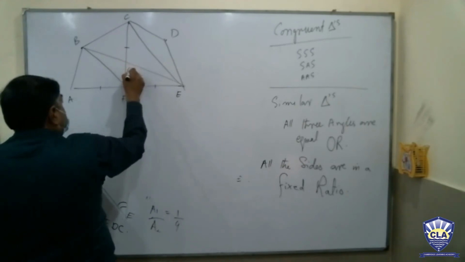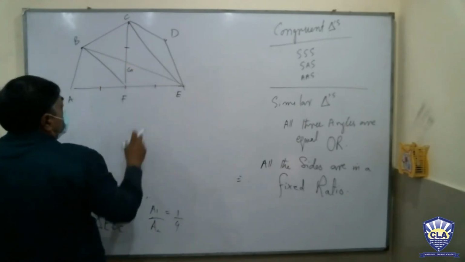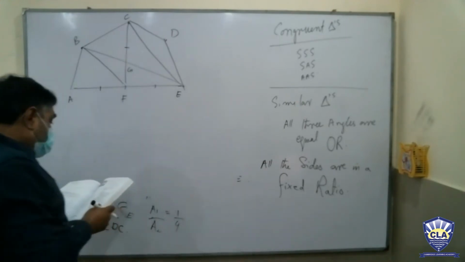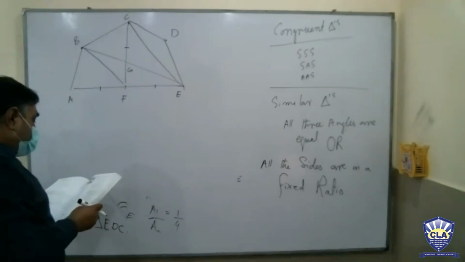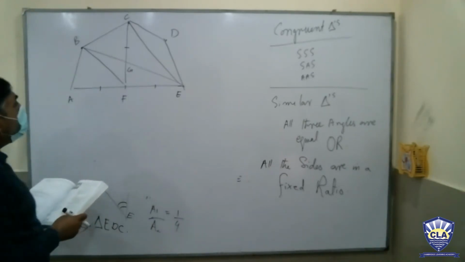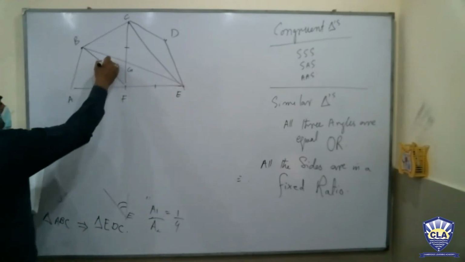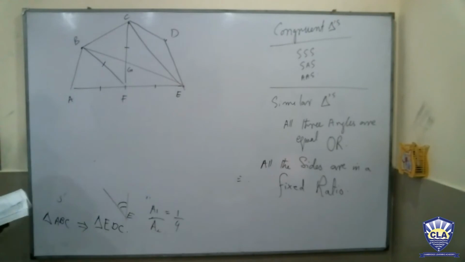Sir, what's the question number? Question number 2. FA equals FB. FB is also equal, FC is equal, and FE is equal.